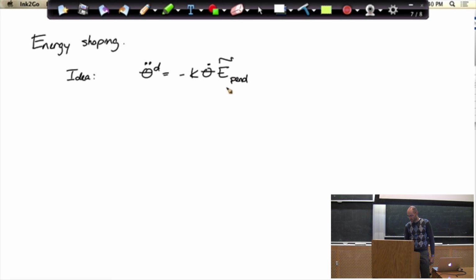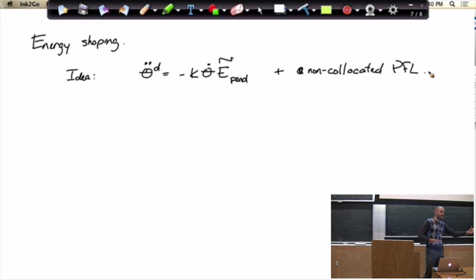Just take the energy of the pendulum only and do the same controller I did before, right? And use the non-collocated PFL. And that works.